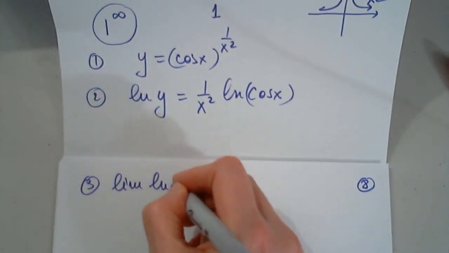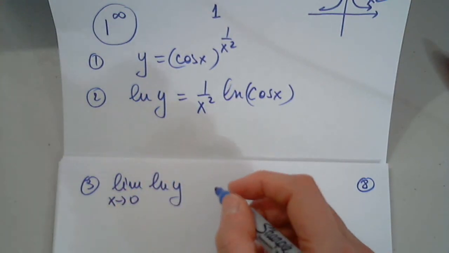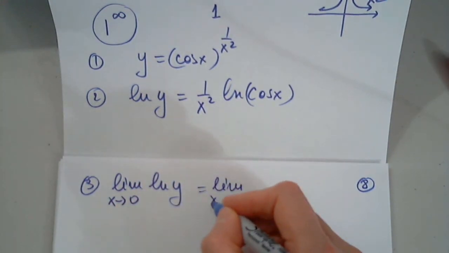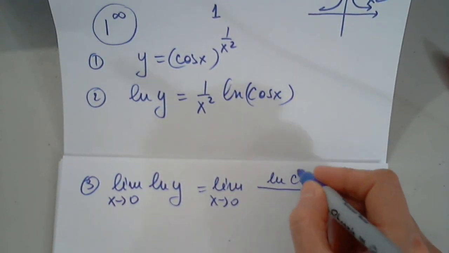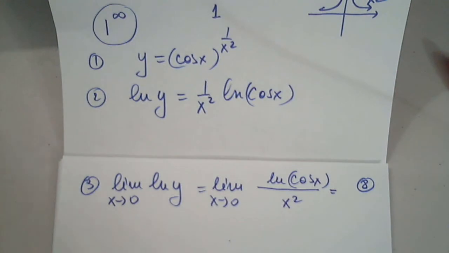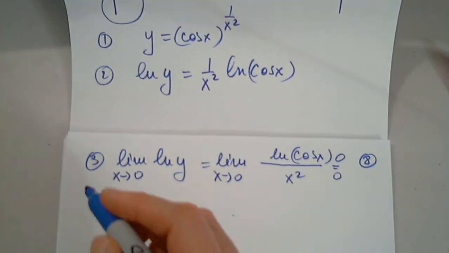So limit of natural log y as x approaches 0 equals limit as x approaches 0 of natural log of cosine x over x squared. Music to my ears, this is natural log 1, which is 0, over 0, I love it.